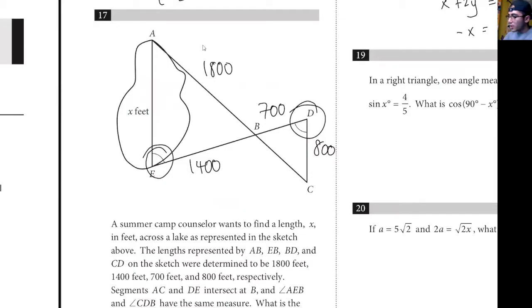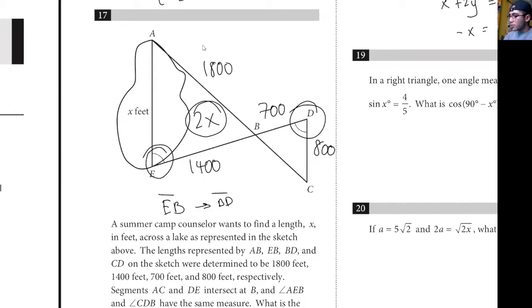So we know that EB and BD, these two segments, are proportional here. And if we know that BD is 700 and EB is 1,400, that means the triangle ABE is scaled to 2 times the length of triangle BDC.